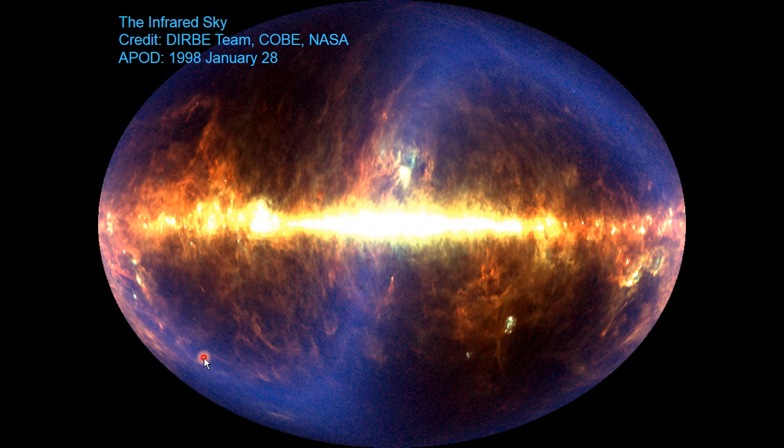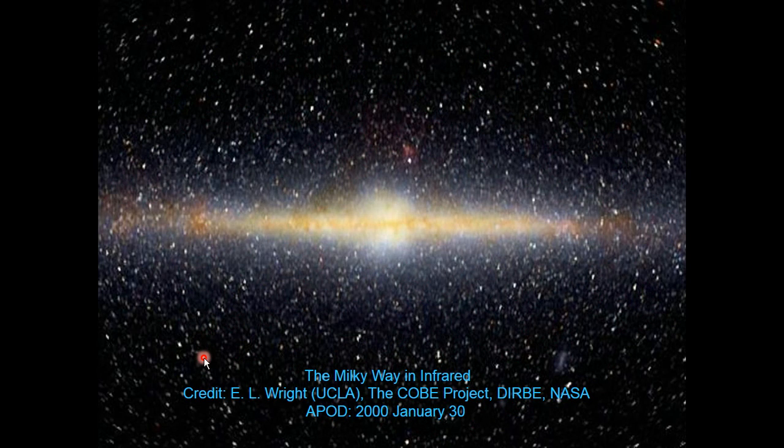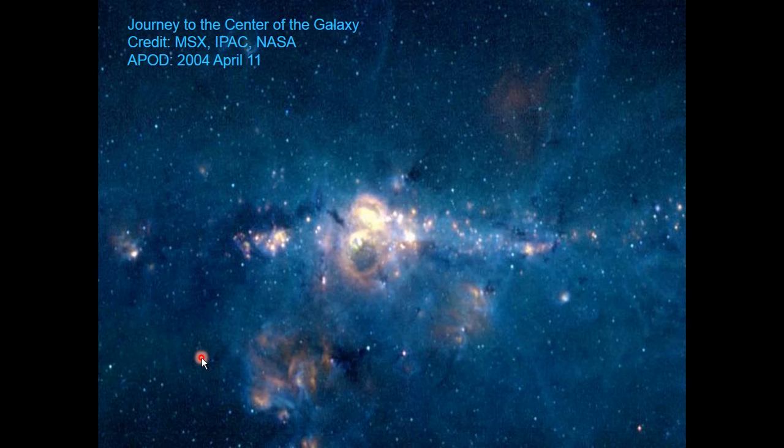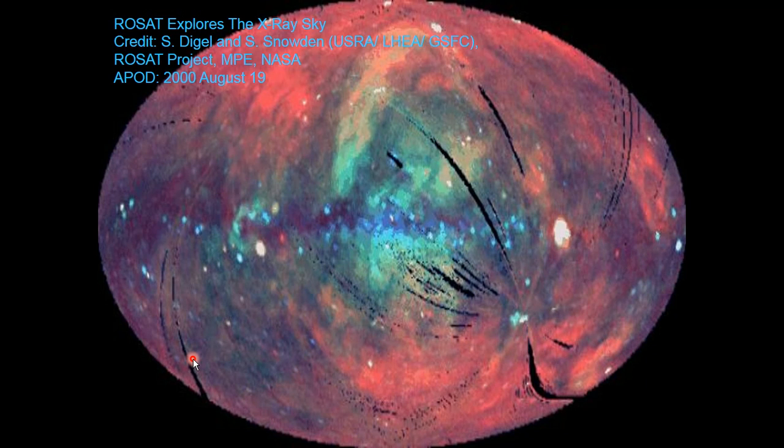Here it is in infrared, more in infrared. A different view, another view of the Milky Way. Again, I put in a lot of pretty pictures, and I think they're good, but I'm also trying to build up.